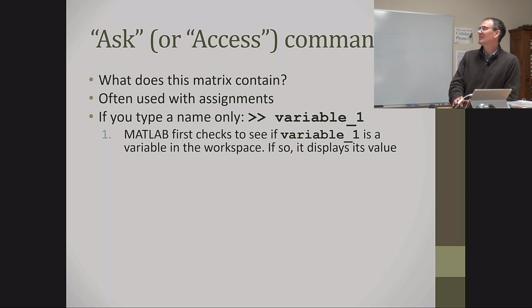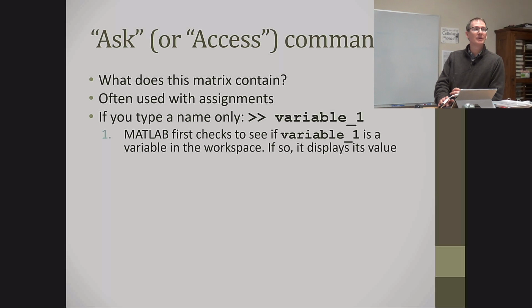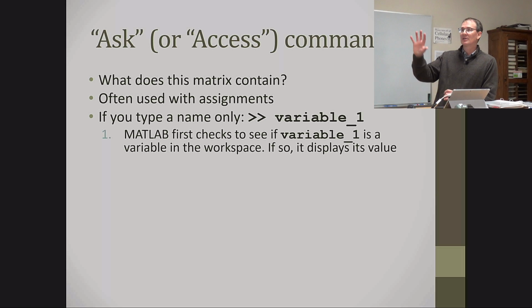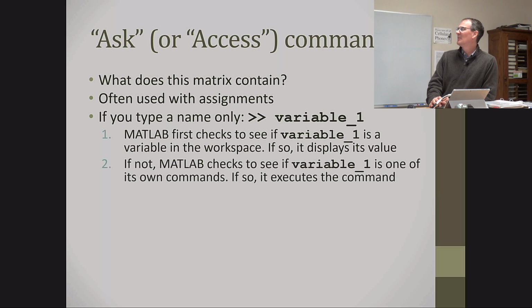The first thing it does is to see if that name is really a variable in the workspace. So does it appear in our workspace? If so, it displays the value. If it can't find it there, it sees if it's one of its own built-in commands, like date. If it finds it there, it executes the command.